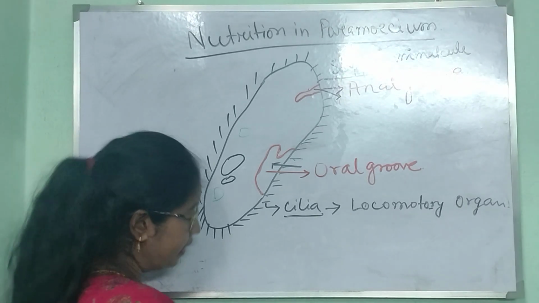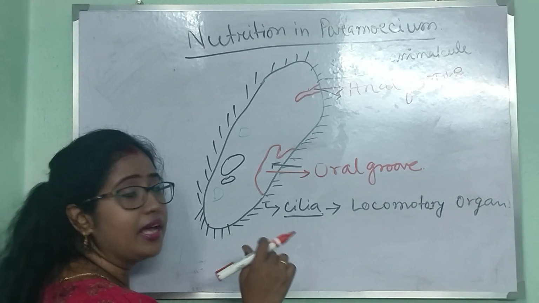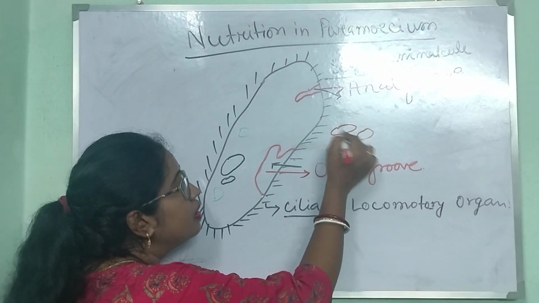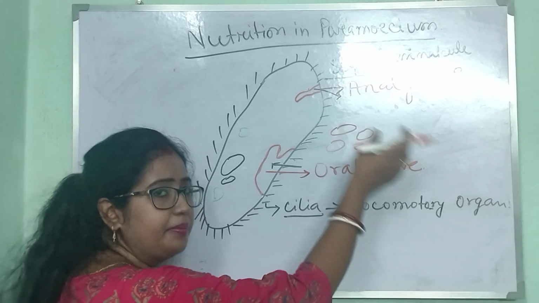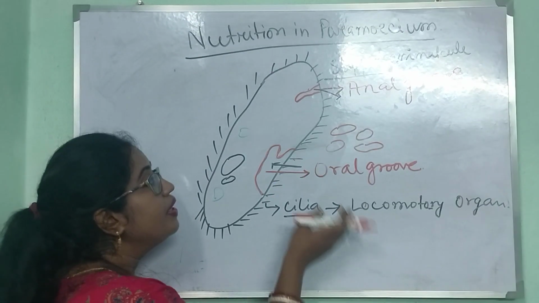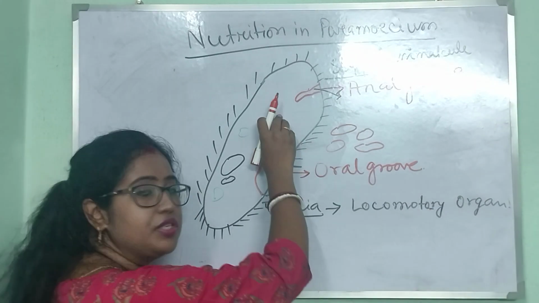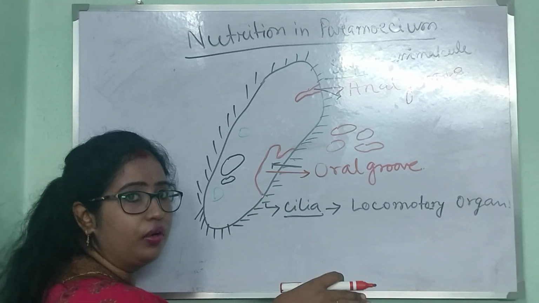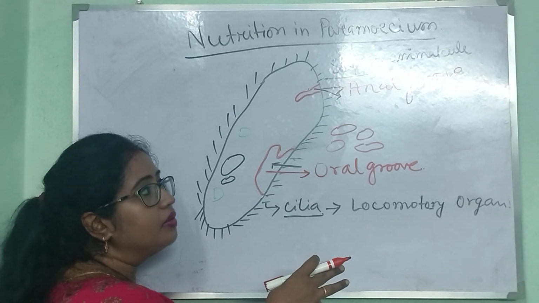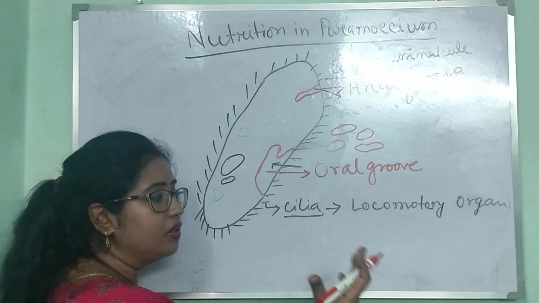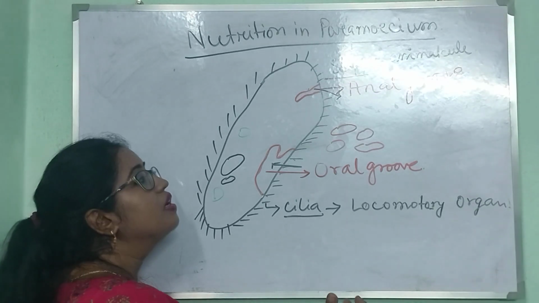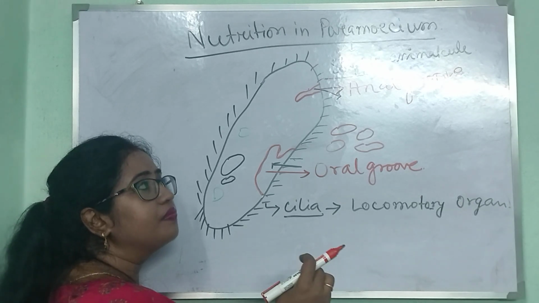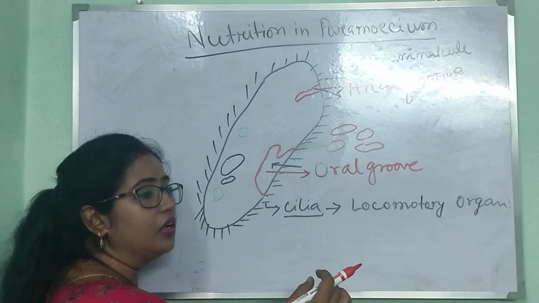So when Paramecium senses that its food is somewhere nearby, we found Paramecium in water bodies, like some small part in water bodies, or like the waterlogged area, or the waterlogged hole.